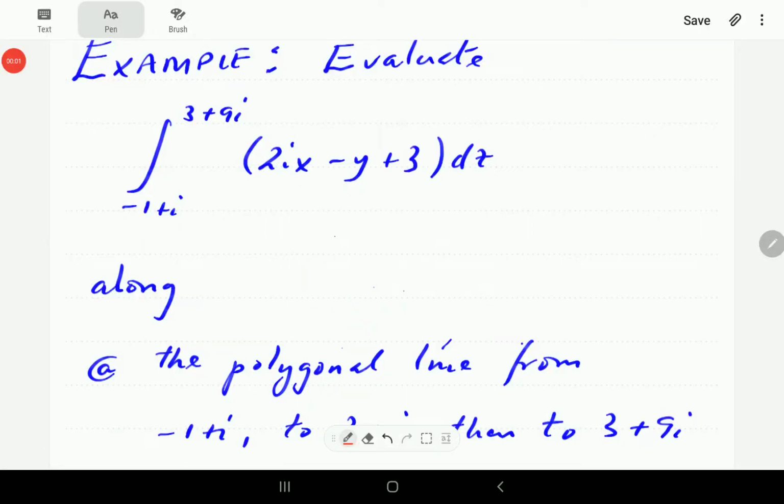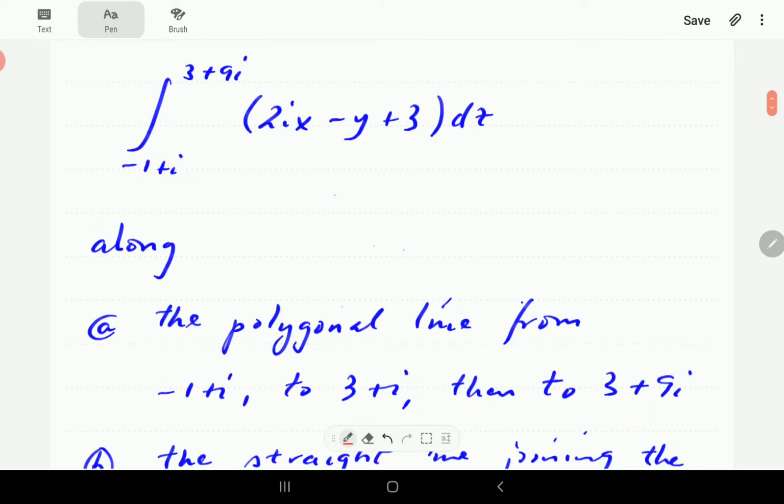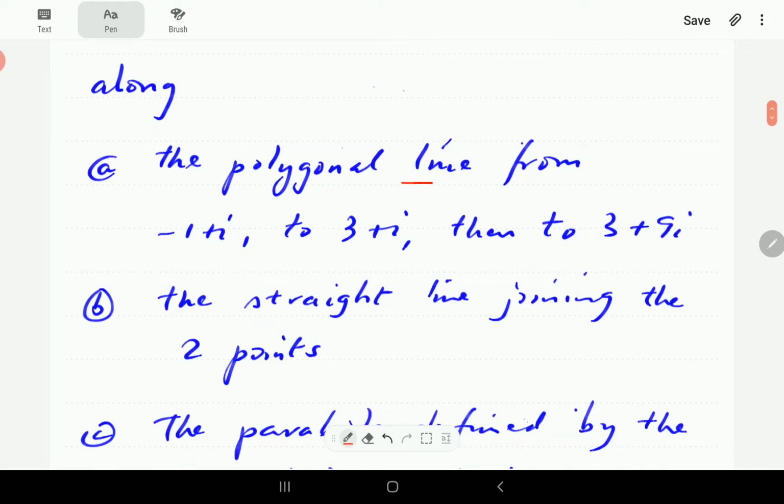Okay, this video is a continuation of the work started in part 1, where we evaluated this contour integral from -1 plus i to 3 plus 9i along the polygonal line from -1 plus i to 3 plus i, and then up to 3 plus 9i.